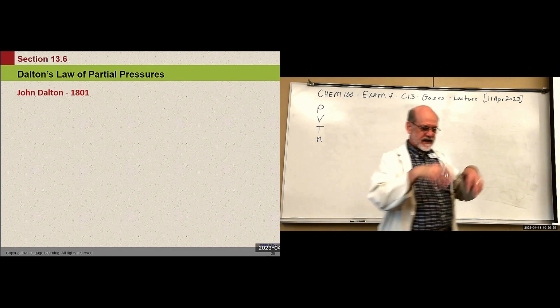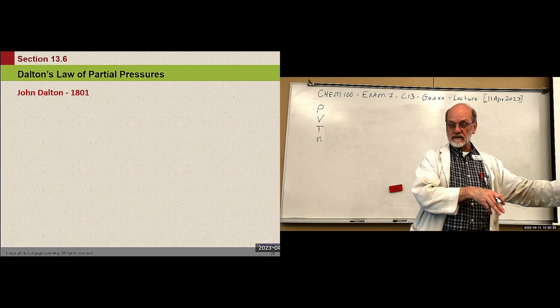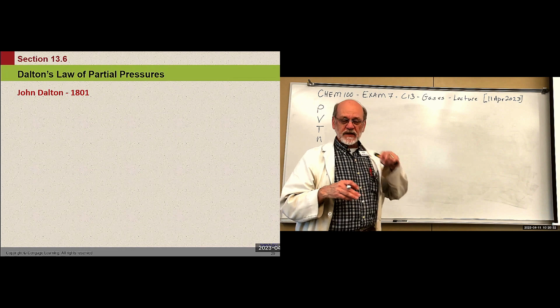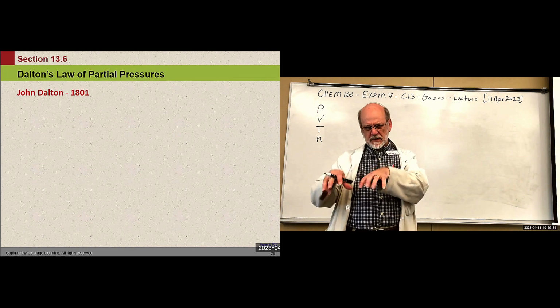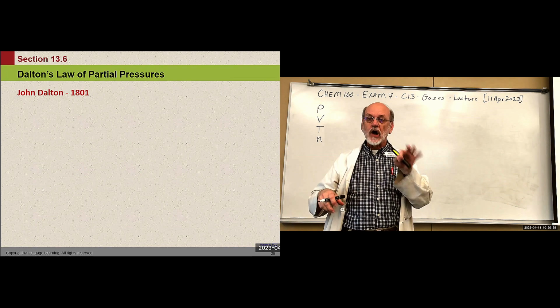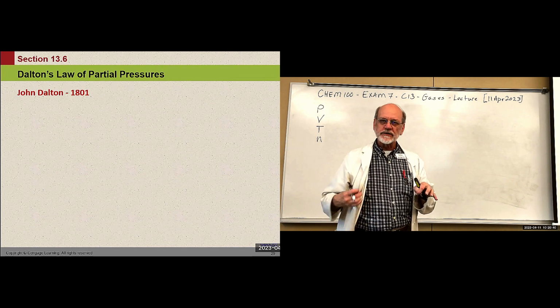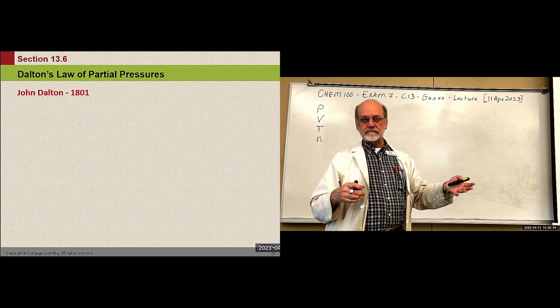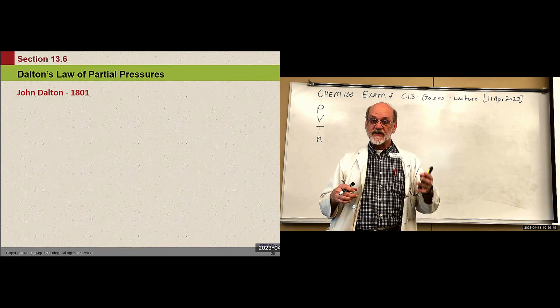They react and make other gases, a different ratio of gases on the other side. So we want to be able to pull out information about those individual gases. And that's where Dalton comes in. John Dalton, same guy who proposed the atomic theory, was also working in gases.